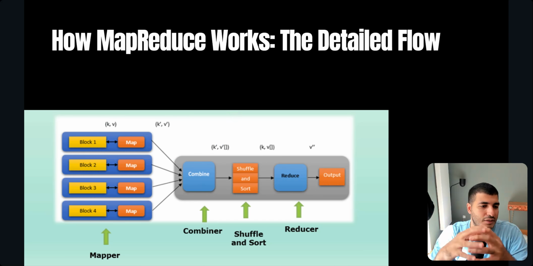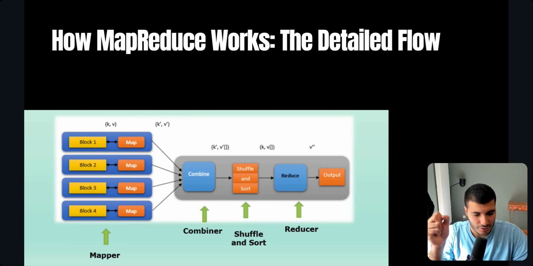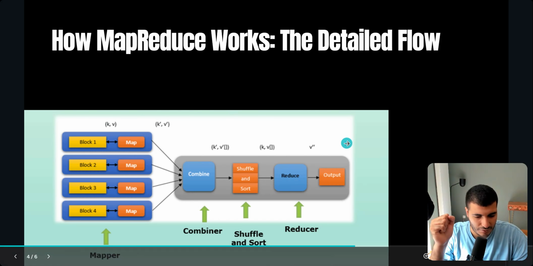The mapper is assigned to each split running on the node where the data chunk resides. After that, the mapper function takes a set of input key-value pairs and processes them to produce a new set of intermediate key-value pairs for the framework.